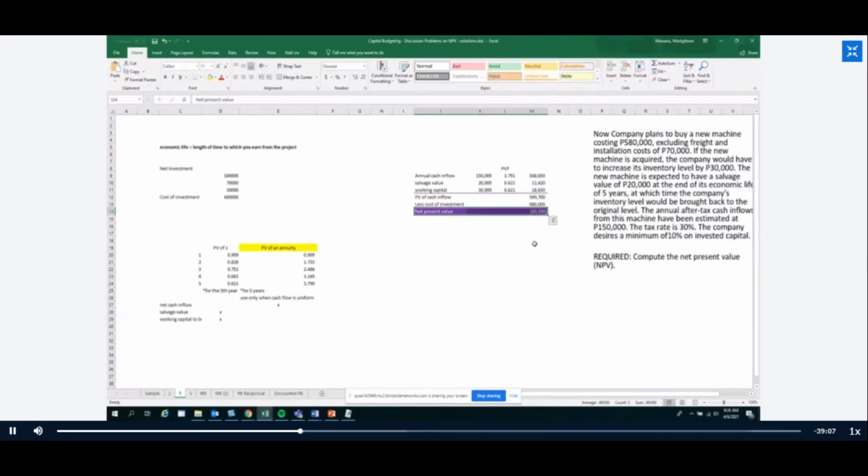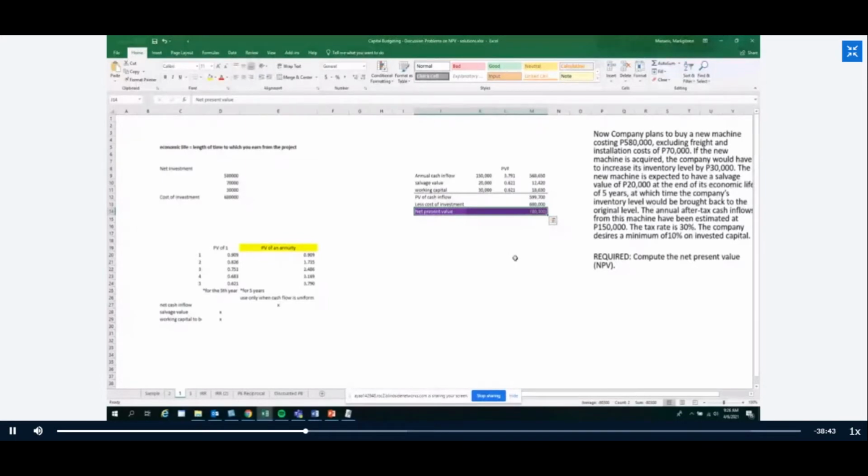O sige, syempre, okay na, no? Na-calculate na natin. Pero paano bang interpretation nito? So imagine class, you are investing 680,000 pero in return, you'll only get 599,700. So meaning, this is not a good investment, no?